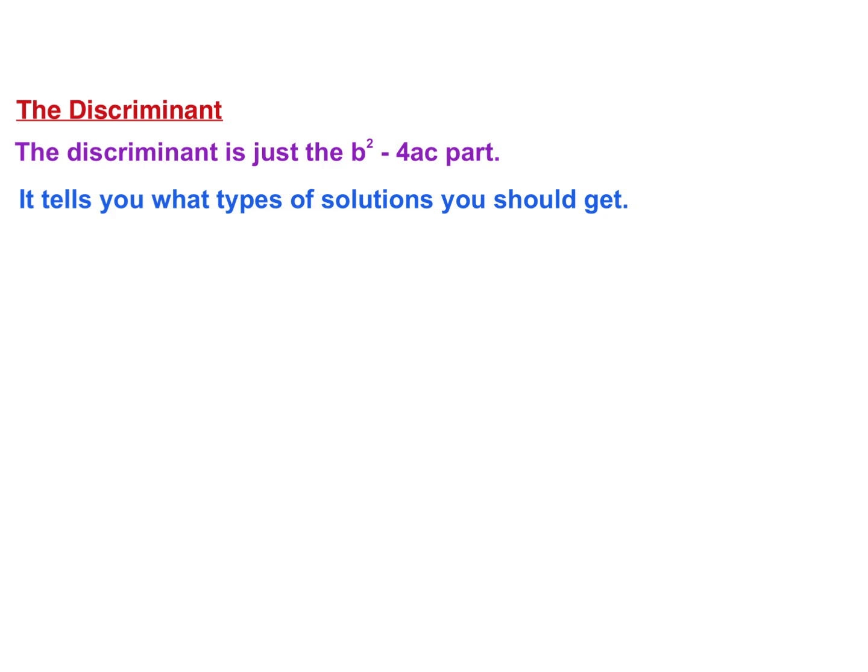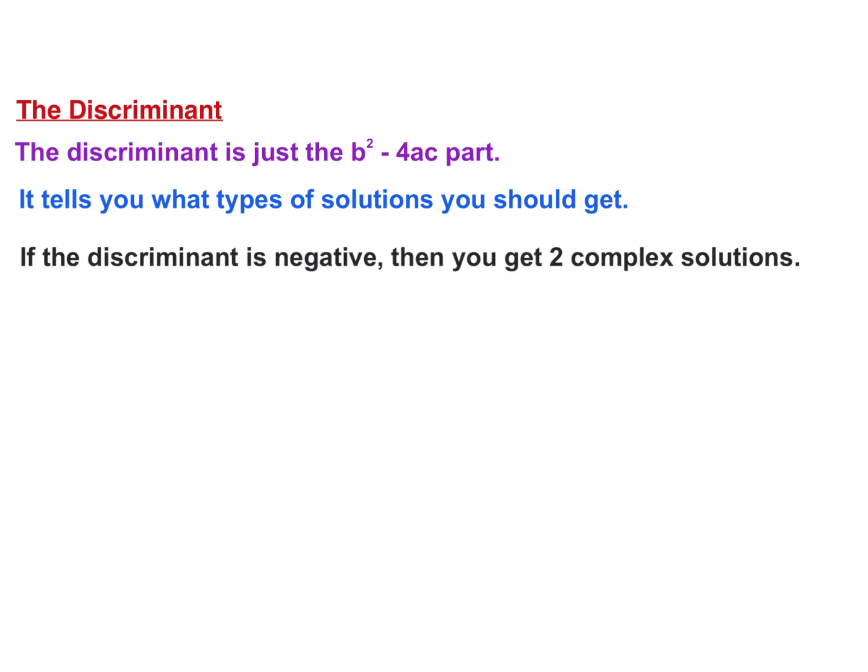Okay, and so the first one we've just been talking about. If you take b squared minus 4ac and it ends up being negative, that means you have an imaginary number, which means we have complex solutions. Okay, so if the discriminant is negative, you get complex solutions. Sometimes, and we talked about this, they will be called complex roots.